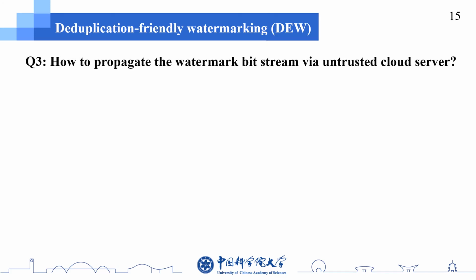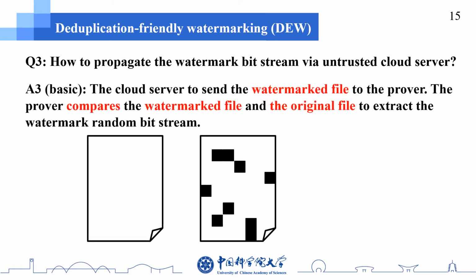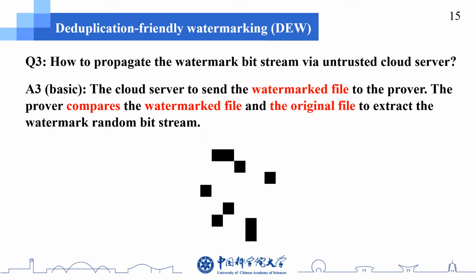As for the third question, without any trusted third party and interaction among data owners beforehand, the data owners recruit the untrusted cloud server to propagate the watermark bitstring. A straightforward solution is the cloud server sends the watermarked file to the prover before checking its ownership, such that the watermark random bitstring can be easily extracted by comparing the original file and the watermarked file.